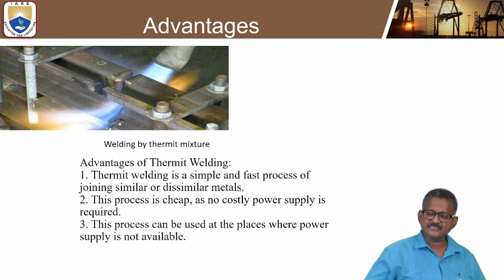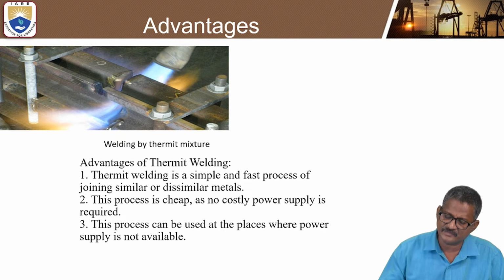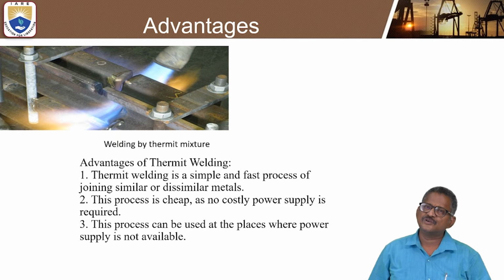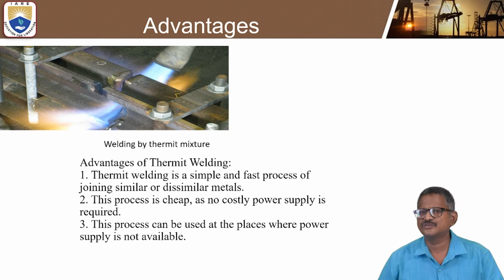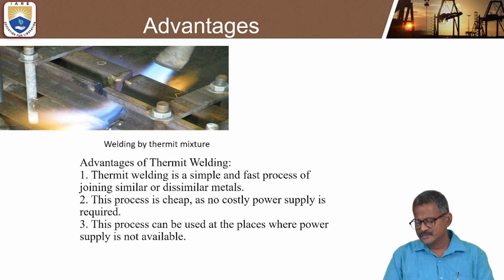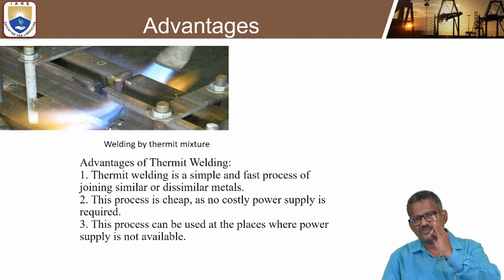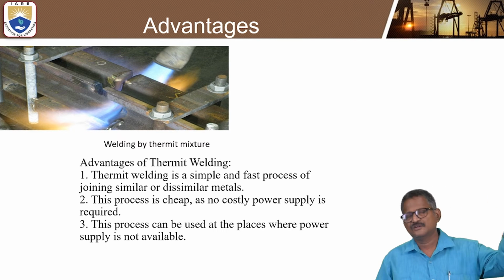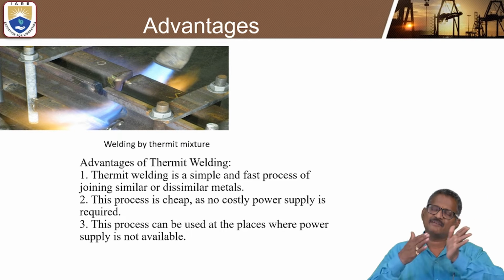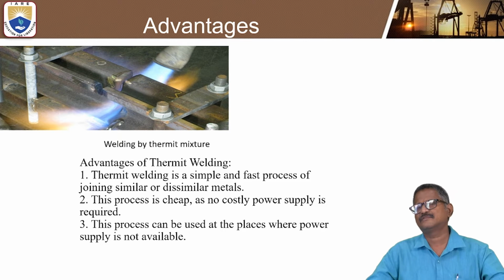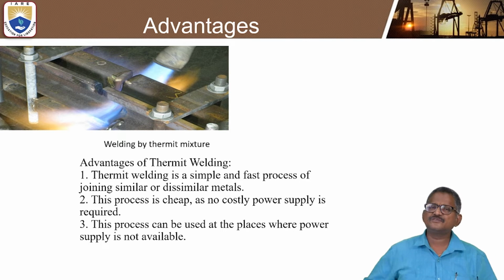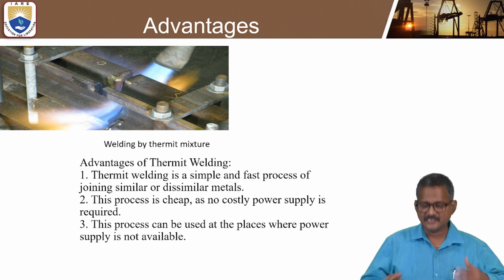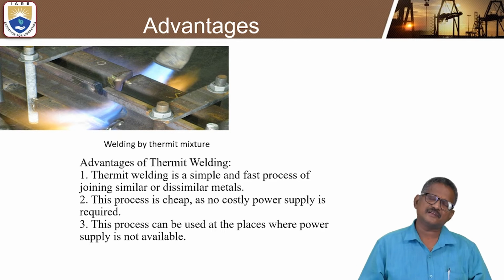Now you can see three-dimensionally how they perform the thermite welding process with this mixture. The first and foremost advantage of thermite welding is that, wherever the rail is, they can use thermite welding, which is a simple and fast process for joining similar or dissimilar metals.